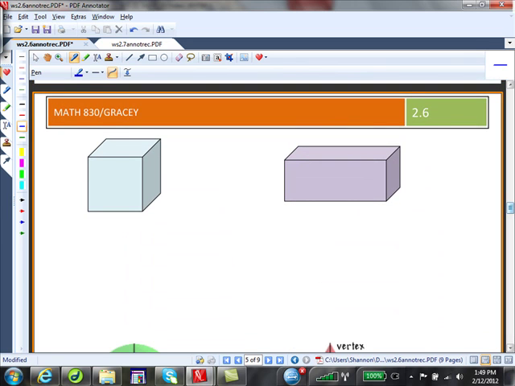So here we go. Here are some common formulas. This is a cube. For a cube, all the edges measure the same. So the volume is s times s times s. So we get s cubed, in cubic units.